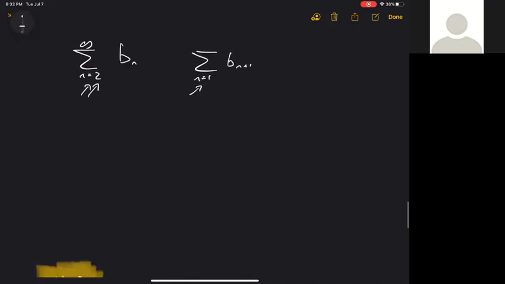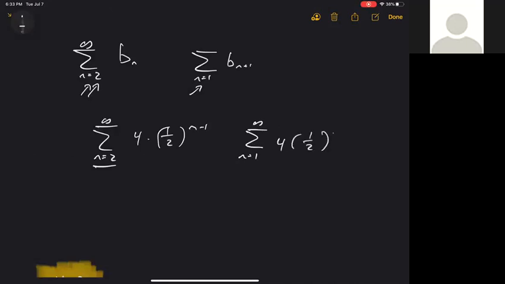So to see a concrete example, let's say I have 4 times 1 over 2 to the power n minus 1, starting at 2. Now I want to rearrange this to get it starting at 1. Okay, so I subtract 1 here, and then I add 1 inside.